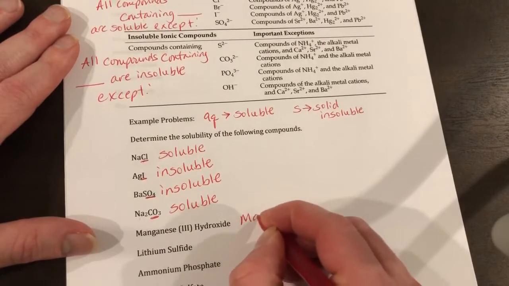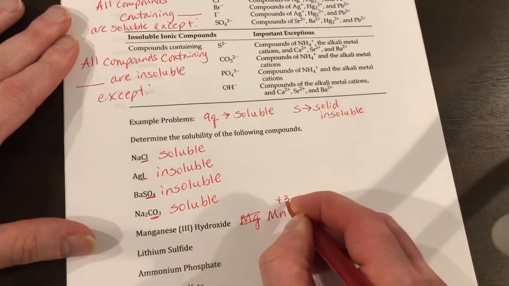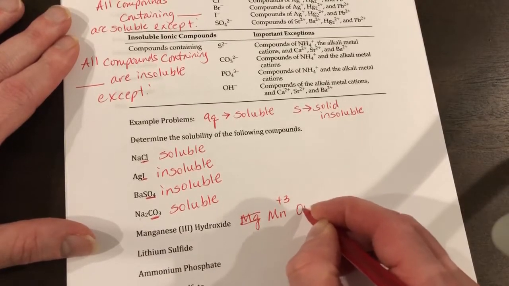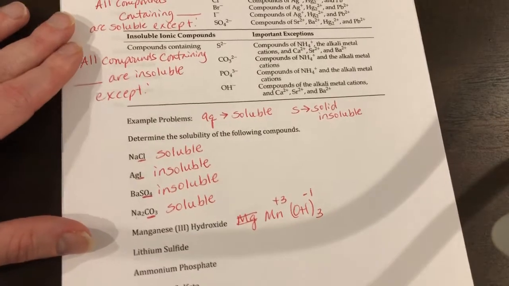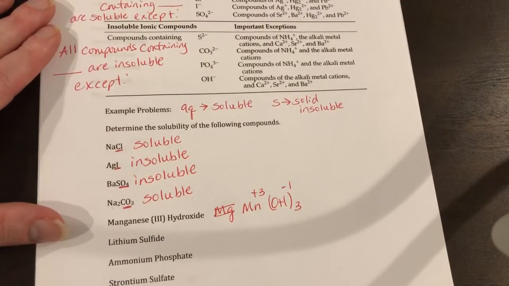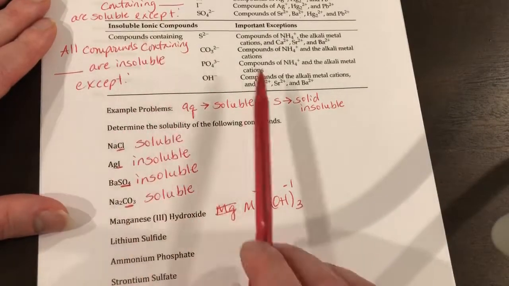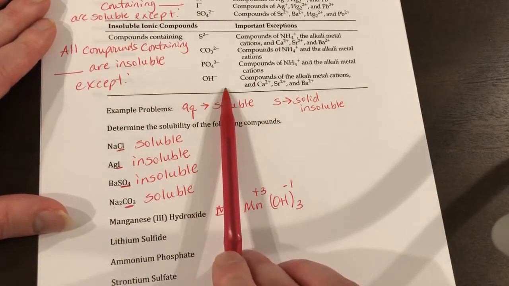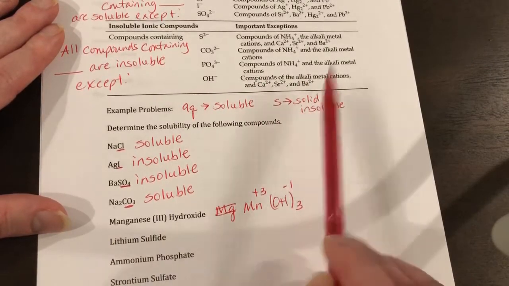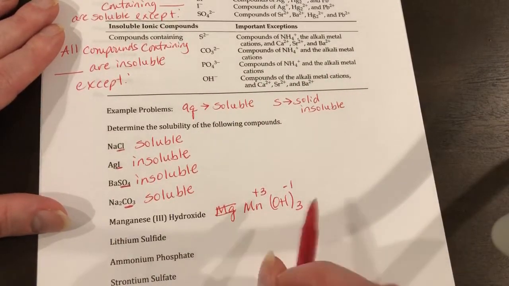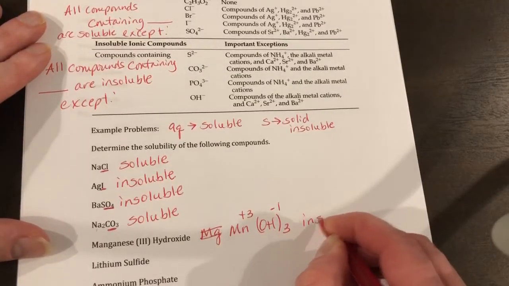If you want to write the structure out, manganese is Mn, it has a +3 charge. Hydroxide is OH with a -1 charge, and we're going to crisscross. All compounds containing hydroxide are insoluble except for group 1, calcium, strontium, barium. Manganese is a transition metal, so it's not any of those exceptions, so it's insoluble.